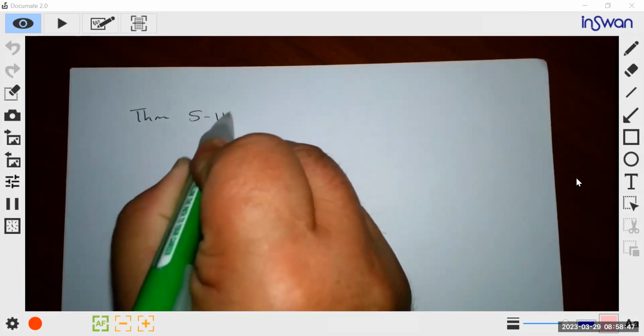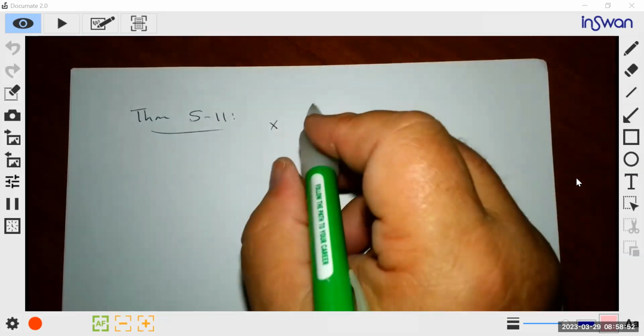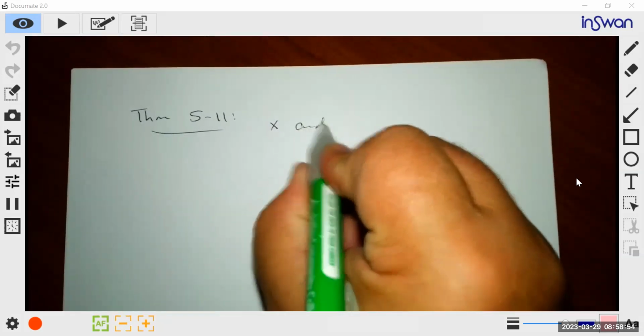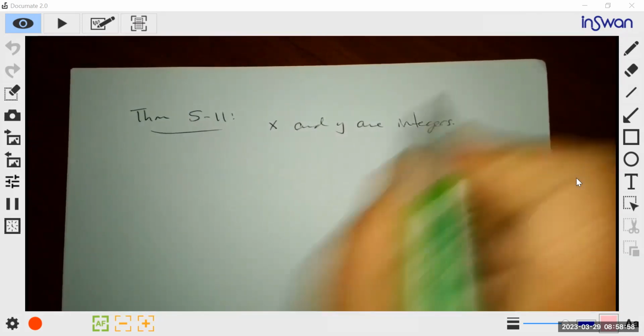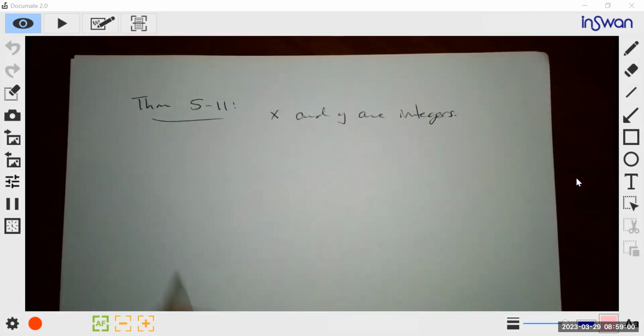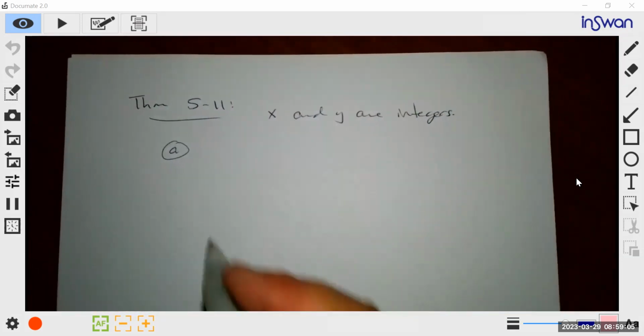Theorem 5-11. x and y are integers. These next 4 principles have to exist.